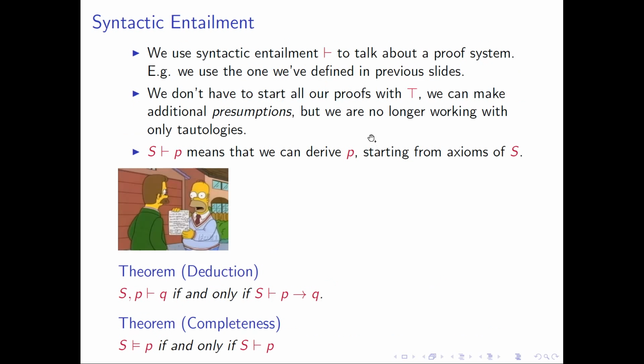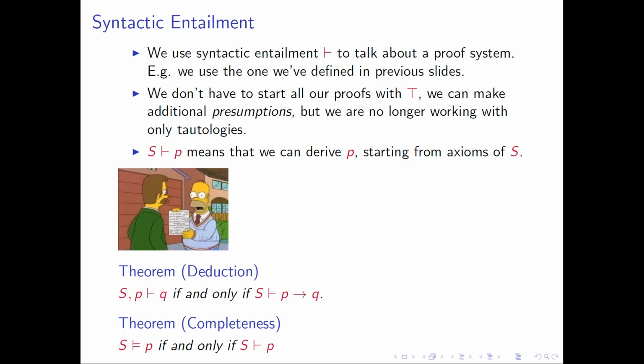Let's talk about syntactic entailment. So semantic entailment was all about satisfaction. Syntactic entailment is about proof. Okay, so specifically, we're talking about proof in a certain proof system. So we could use, for example, the one we defined in previous slides. We don't have to start all our proofs with the axiom, which is just deriving true.